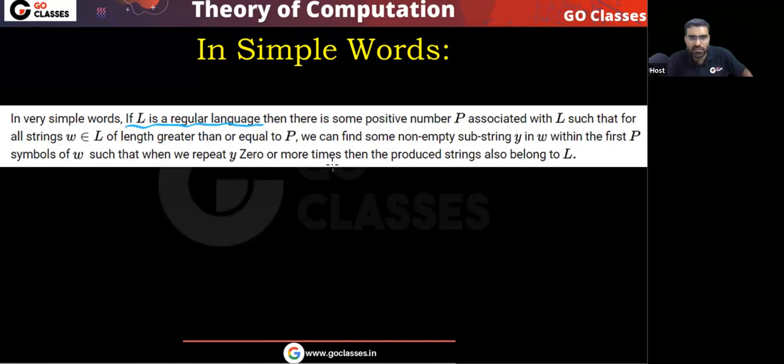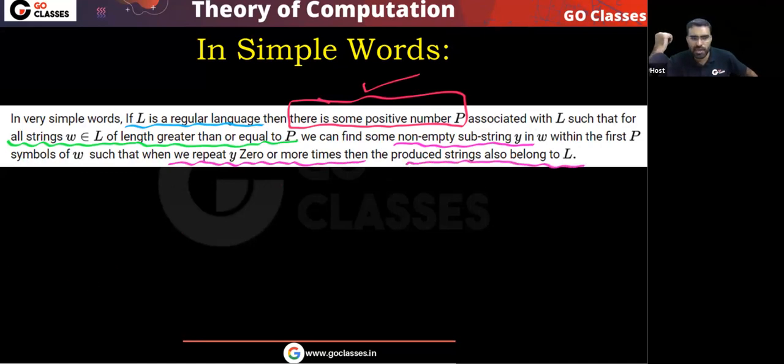If L is a regular language, then there is some magical number such that you take every string whose length is greater than or equal to this magical number, and in that string we can find some non-empty section Y which you can repeat any number of times. The resulting string belongs to L. This is what pumping lemma says.